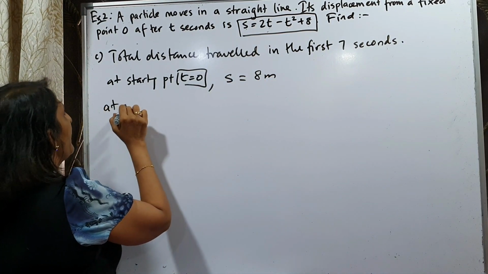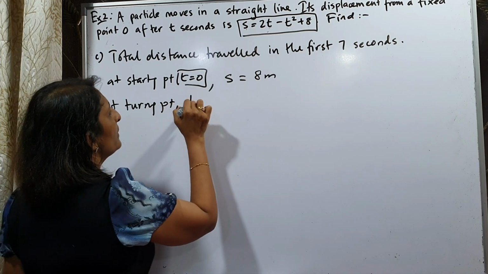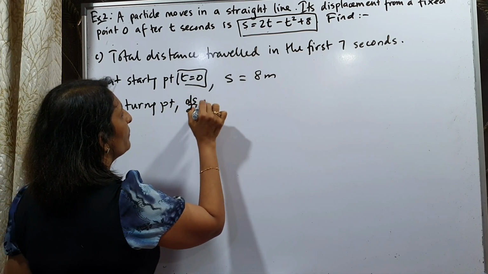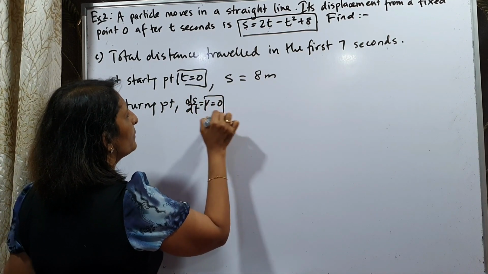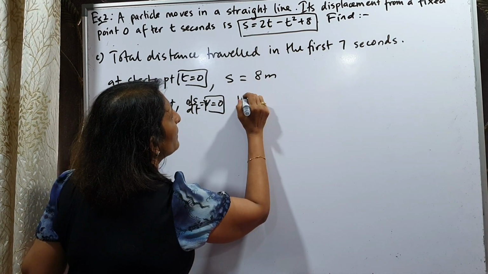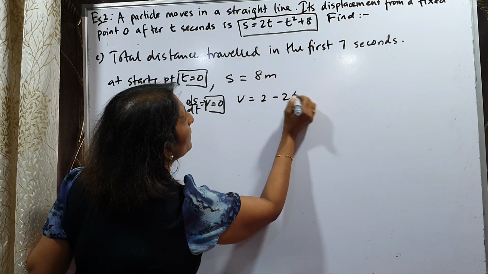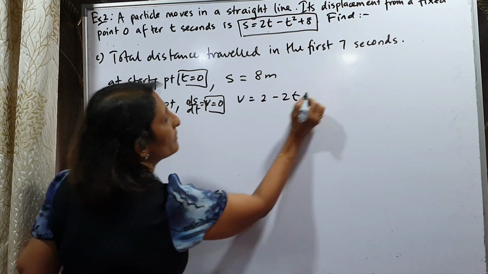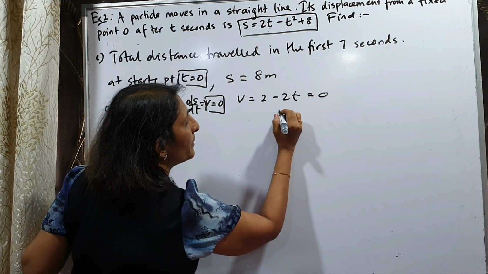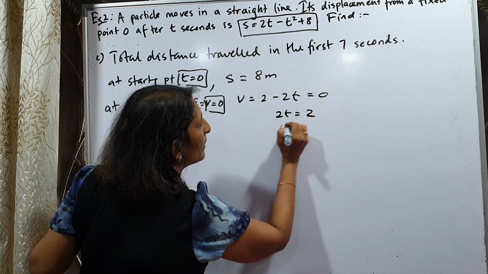Then at the turning point, we use ds/dt, or v equals 0. Now remember the v from here. v is the differentiation of this, which is 2 minus 2t. Now we put v is 0, and from here I get 2t equals 2.